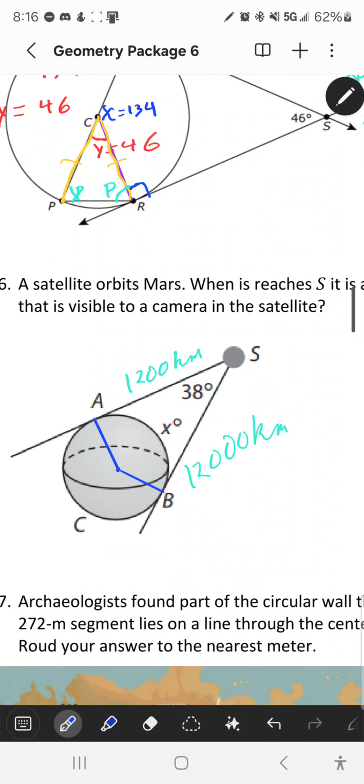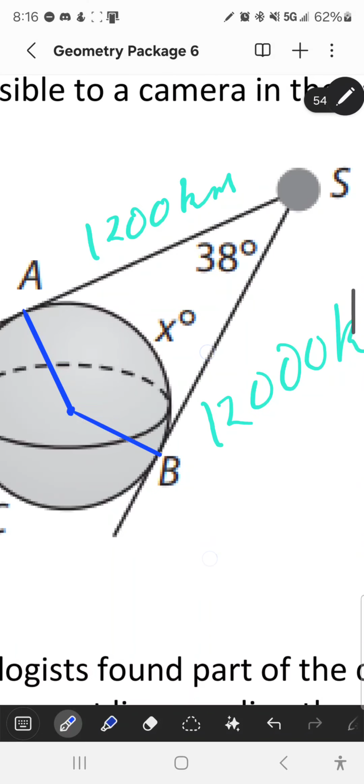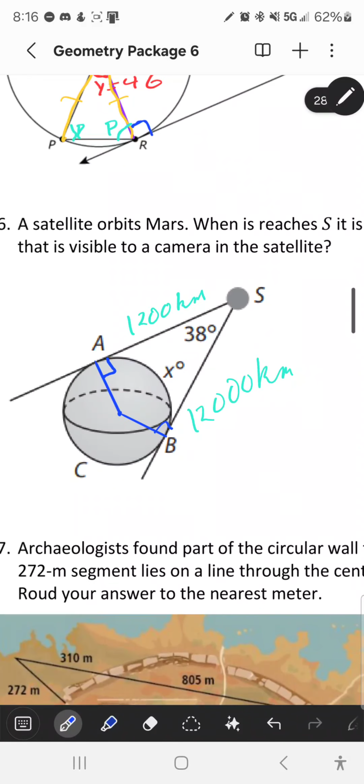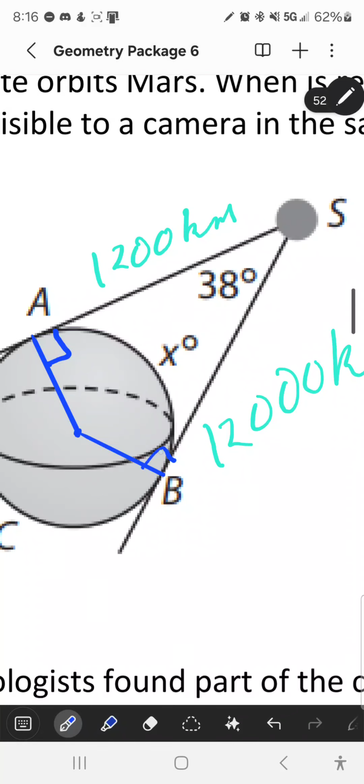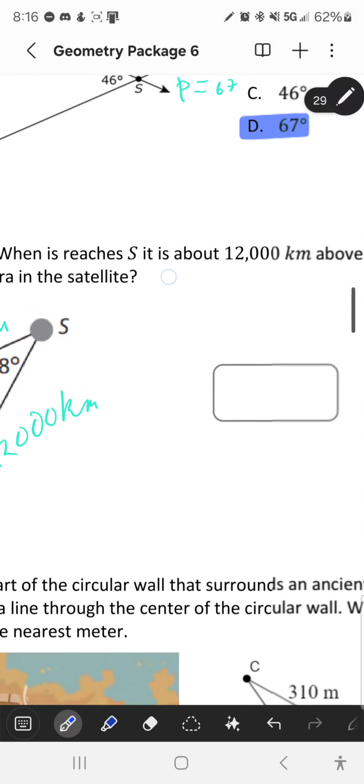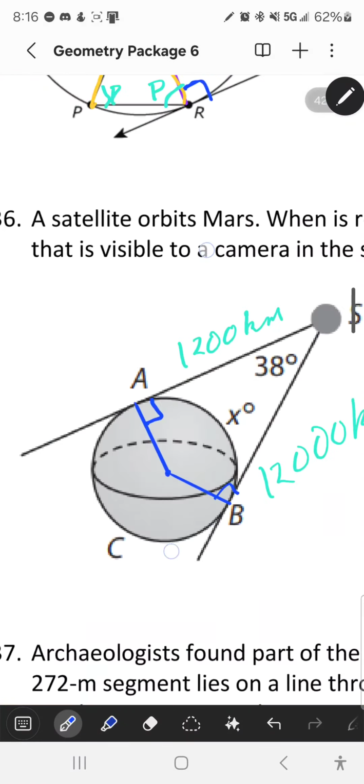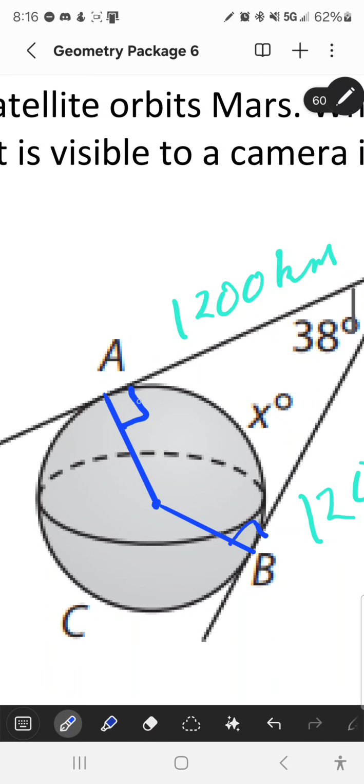Well, they don't say it, but we can actually see it. So this is 90 degrees, this is 90 degrees. Also, there is the orbit that you can see. So they should be tangent because of the distance. So okay, yeah, I did it right. Now this will be 90 degrees, and this will be 90 degrees.